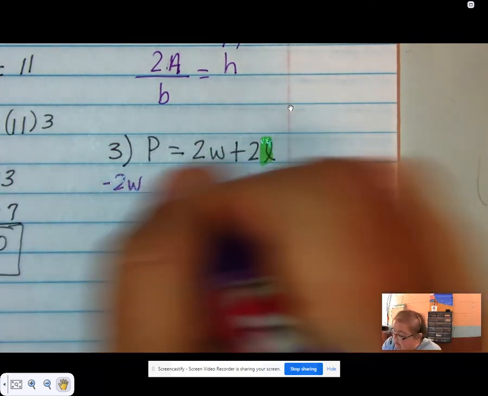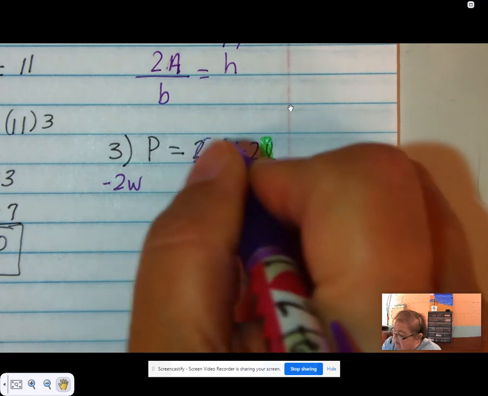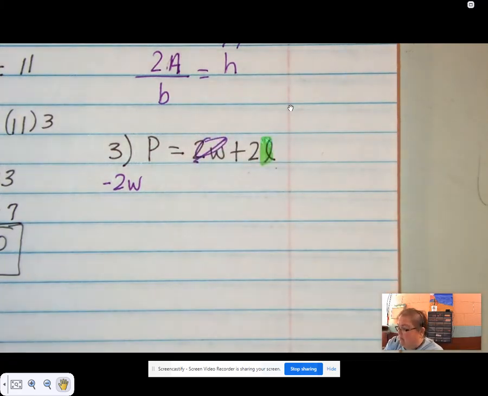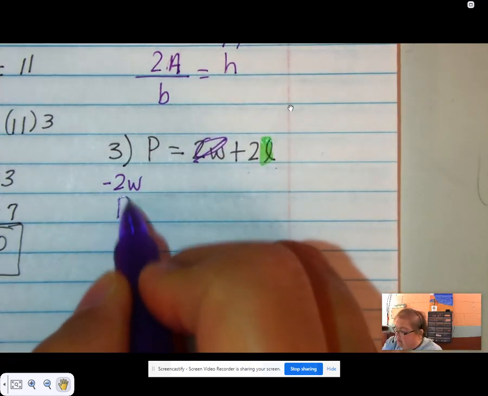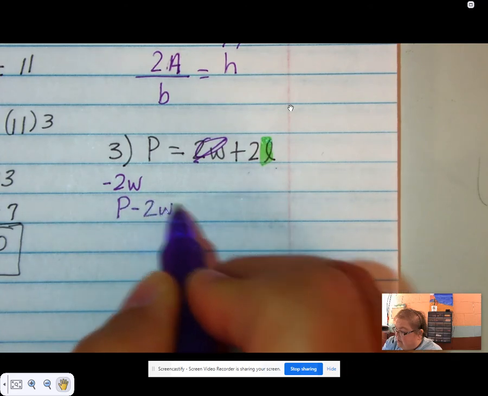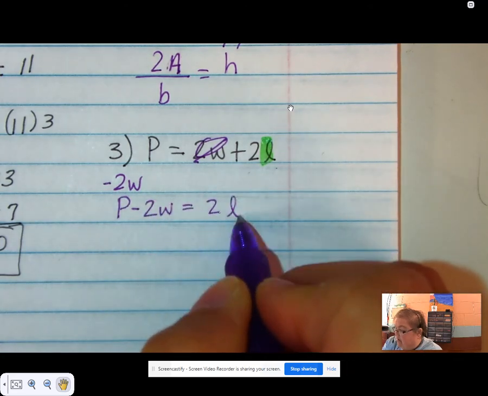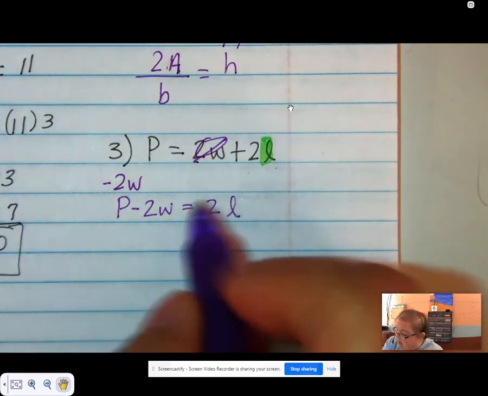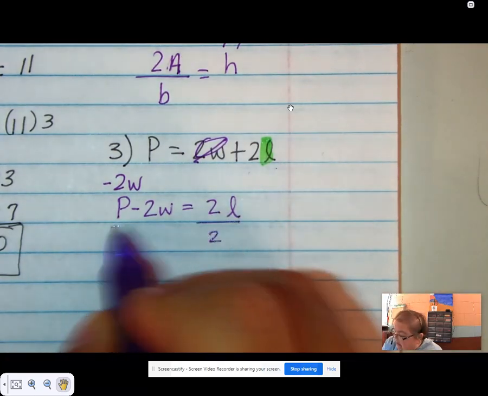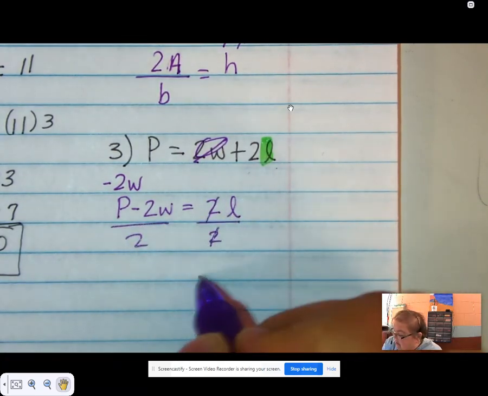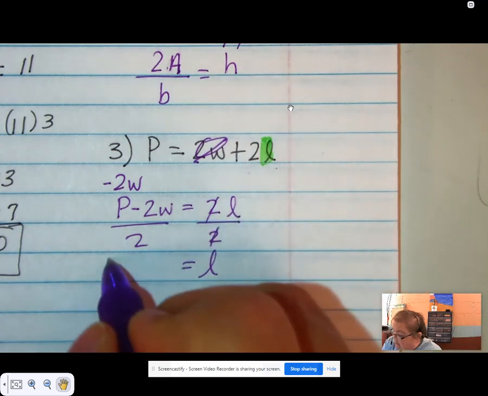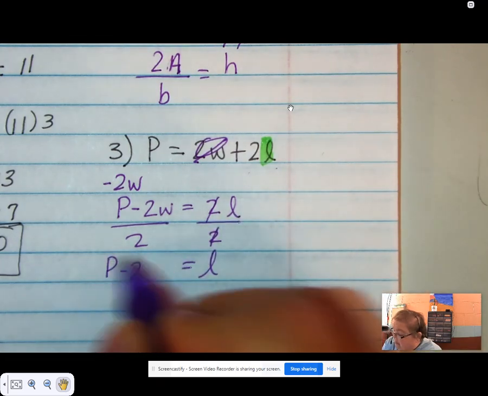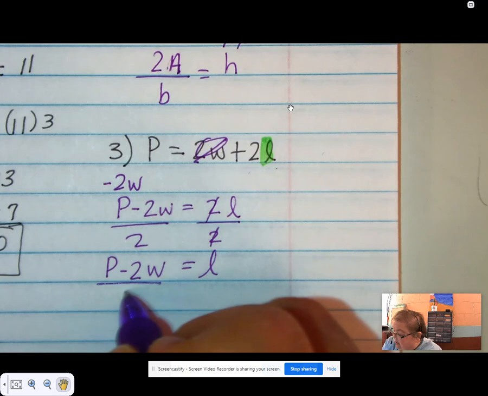Minus 2W makes that a 0. P minus 2W equals 2L. You can't really solve that, so you're just going to write what you've got. Then divide by 2. L equals P minus 2W over 2.